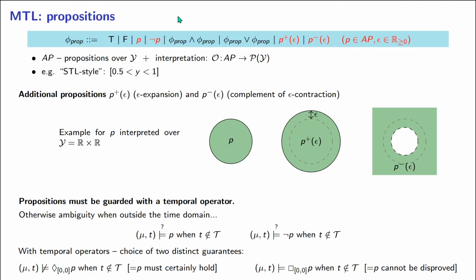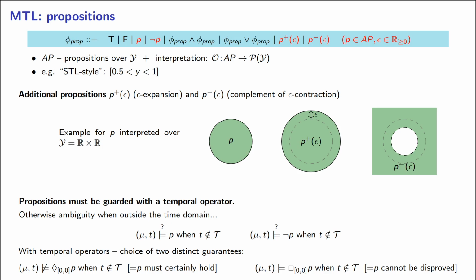A quick look at the propositional part of the logic. Propositions are interpreted over the space of values, and we can instantiate them, for instance, with STL-style propositions like this. But for characterization purpose, we can use the minimal type of propositions that involve comparing distance between signal and some value.